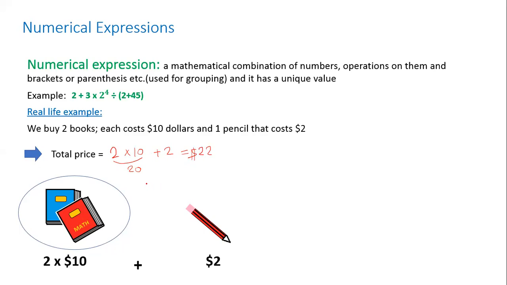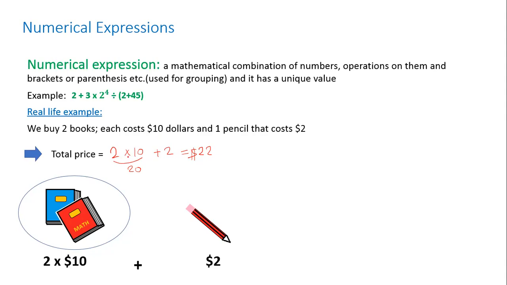Now, if we give this expression to someone who has no idea about numerical expressions or how to calculate them and find their values, they might do it in one of two ways.